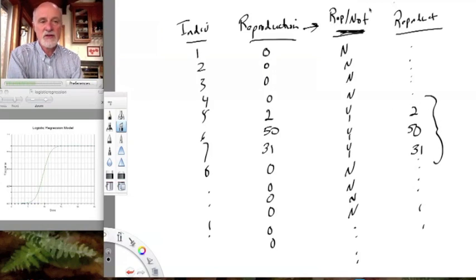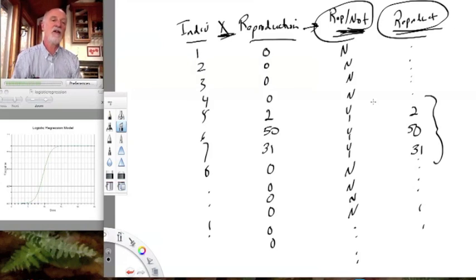So basically what you're doing is breaking down the original question, which is the effect of some x variable on reproduction, into two parts. One part is, is there an effect of x on whether an individual reproduces or not? And then, is there an effect of x, if an individual reproduces, on the amount of reproduction that occurs?